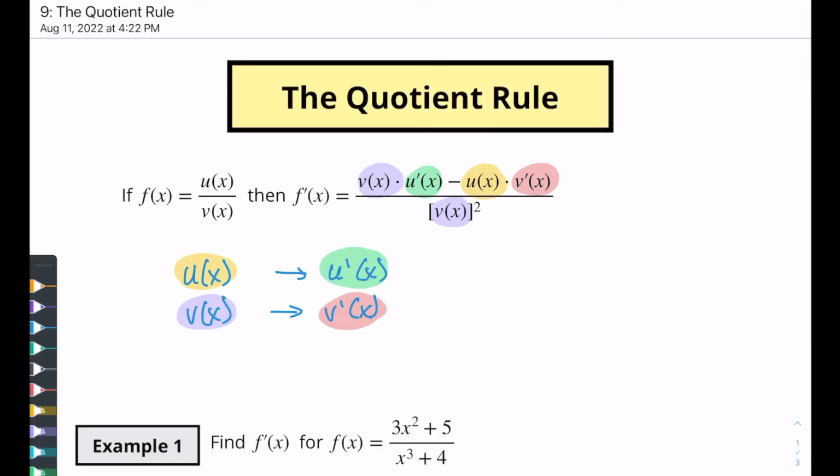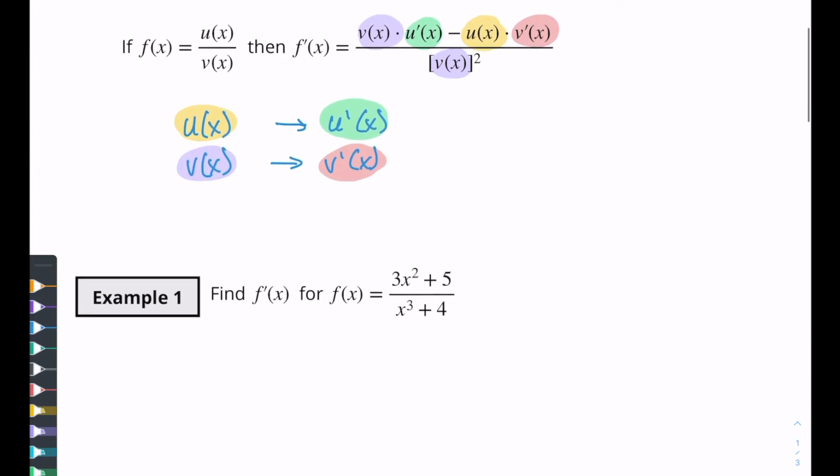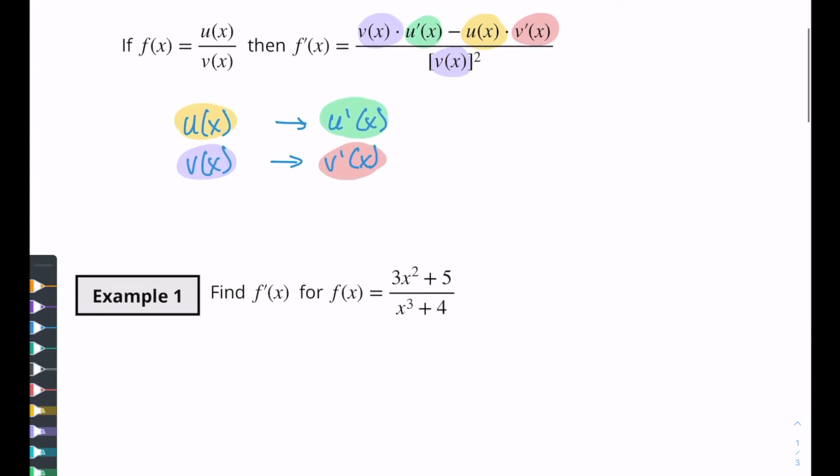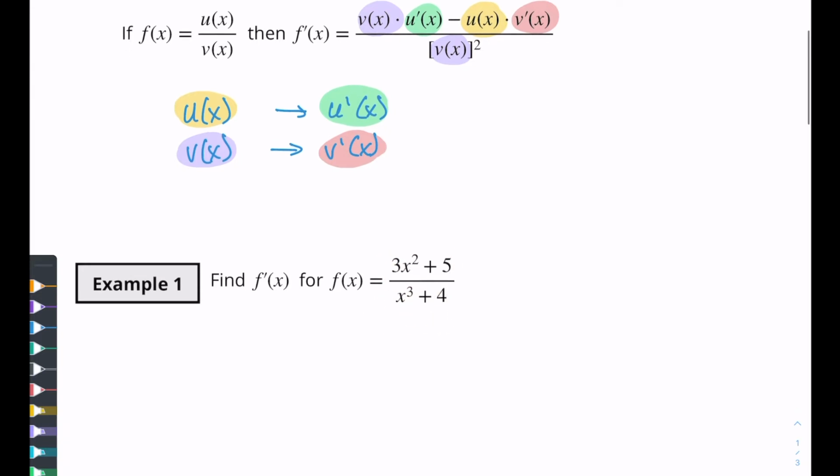All right, let's look at an example and see how this all works out. So here we've got two functions. We've got our u of x up here, our v of x down here. So I'm going to map it out just like we've done right here, just to organize my thoughts. As you get more comfortable with this, you might be able to do it all on the fly. But as we're starting to learn how to do this, it's definitely recommended to map out your different pieces and then just drop those in.